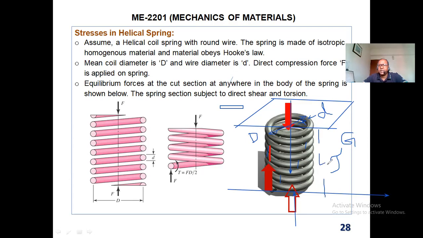Say the free length is L0, and after applying a compressive load, the length becomes LF. In that case, how much is the change of length of the spring? Delta L equals the free length L0 minus LF. So if you have that delta L due to the force F, then you can figure out the spring constant. Spring constant will be F by delta L.